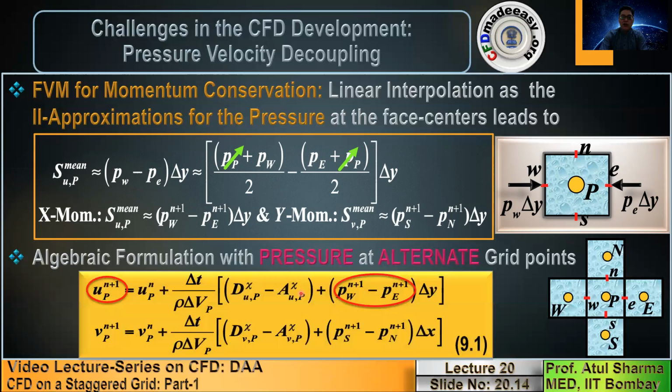Now, ultimately, this pressure is used to obtain the velocity field for the U velocity.